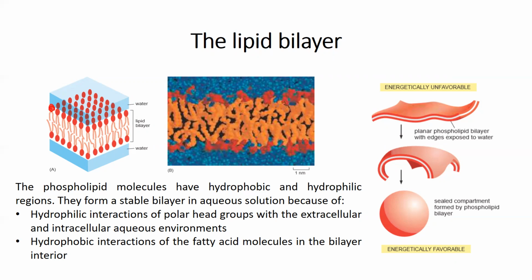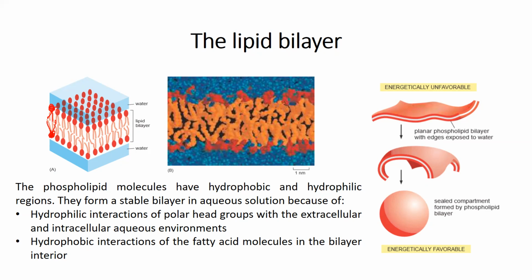This is the hydrophilic head, and this is the tail. The tails are hydrophobic because mostly they consist of fatty acids. They are facing each other, whereas the heads are facing the aqueous solution that exists in the intracellular and the extracellular environment.